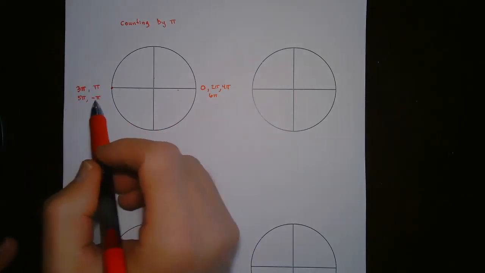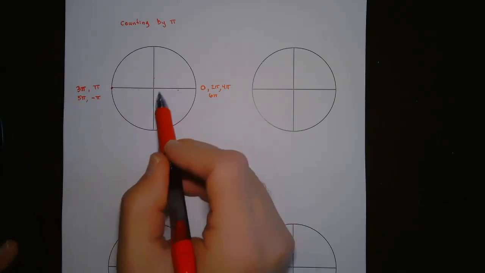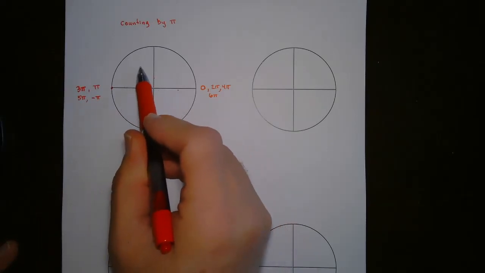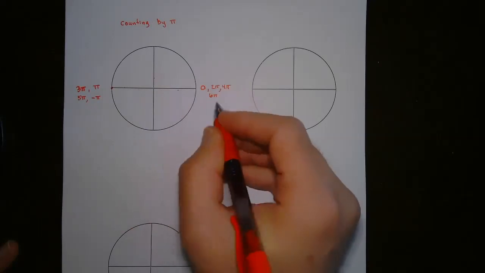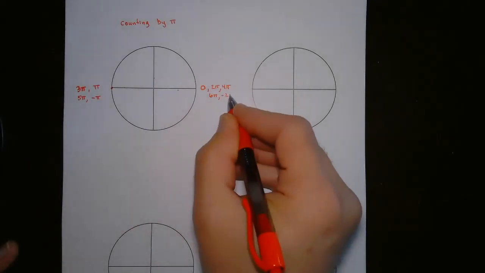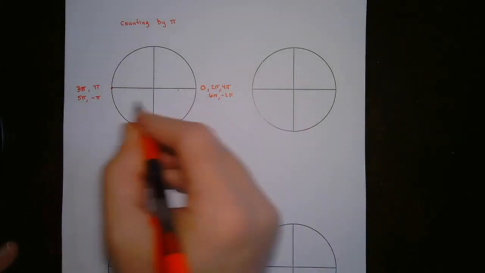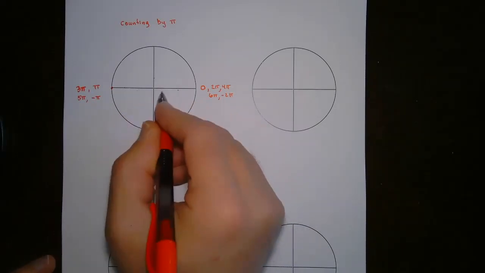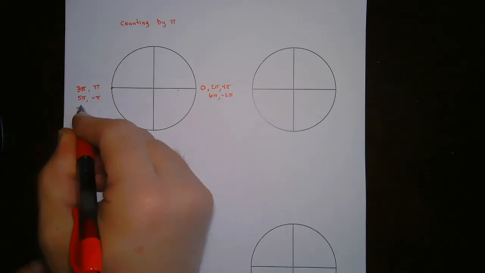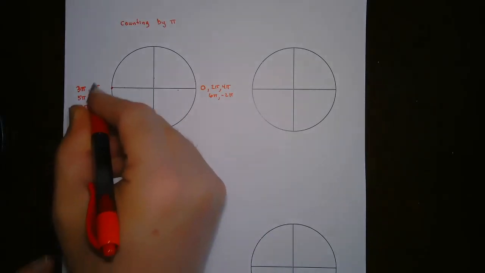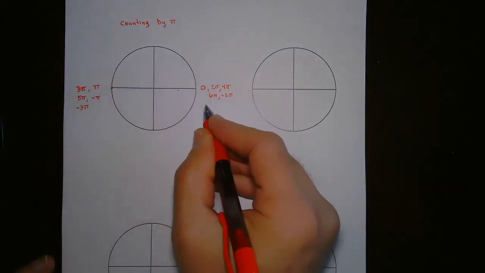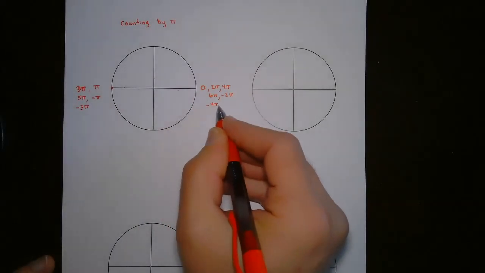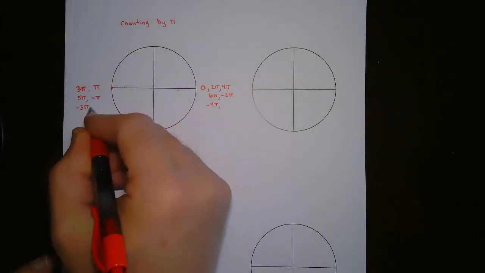So negative pi, so we're rotating this way with a negative angle, this would be negative 2 pi, so comma, negative 2 pi. Then we keep rotating in the negative direction, clockwise, then this would be negative 3 pi. Keep going, this would be negative 4 pi. And then negative 5 pi.